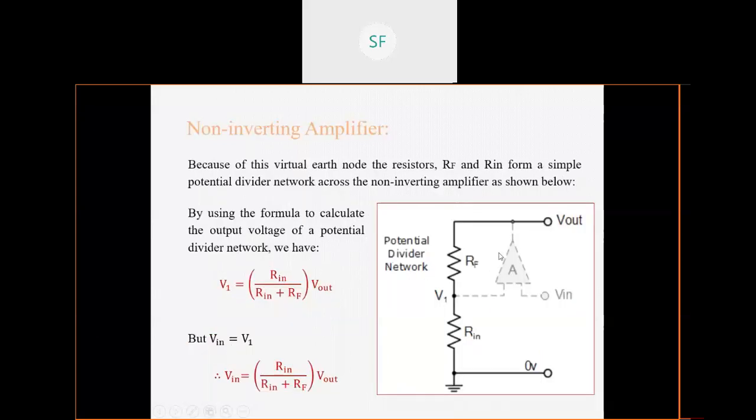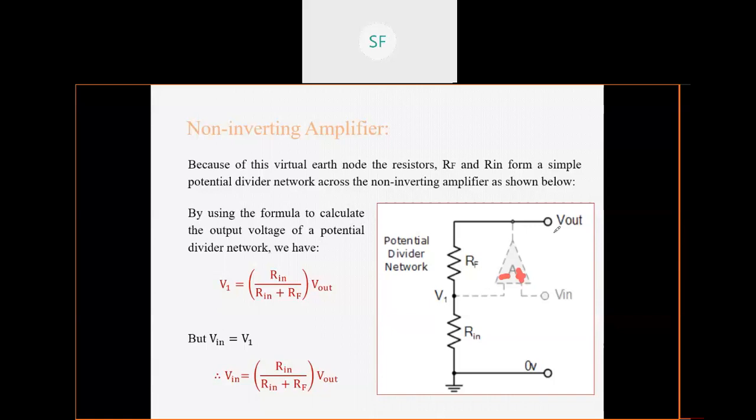In this case the diagram is the same, but the representation has now changed. You can observe here that this triangle is nothing but an op amp. V in is given to this particular terminal, the non-inverting terminal. If you compare these two diagrams, the earlier diagram and this diagram, they are the same; this is just a better representation of the potential divider network.